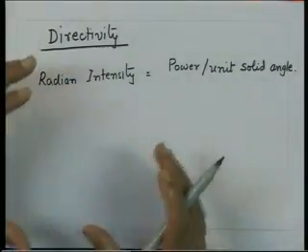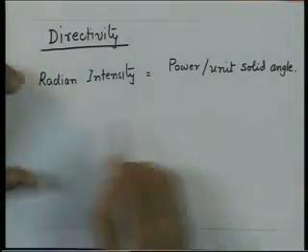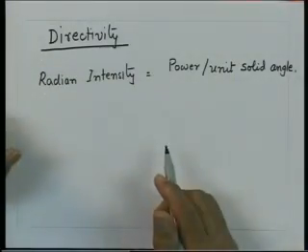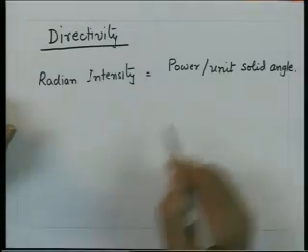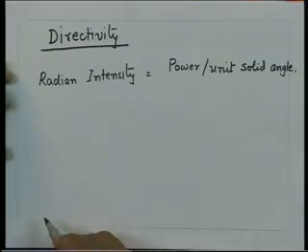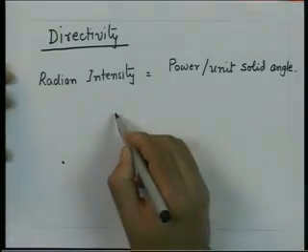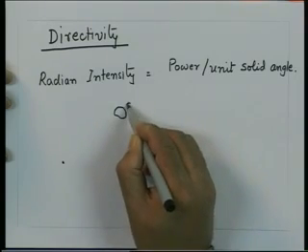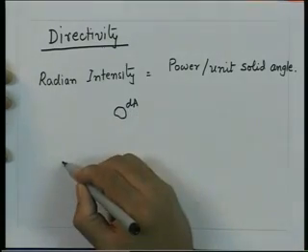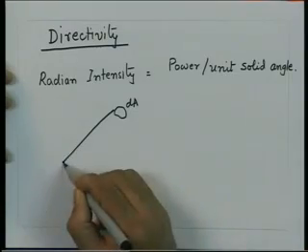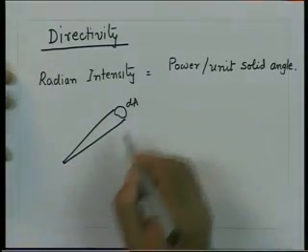If I calculate power in a given direction theta phi, then power divided by the area gives me the power density, and solid angle for a given area is the area divided by r square from the antenna. If the antenna was here, let us say I take some incremental area dA, that is the solid angle this area subtends on the antenna.